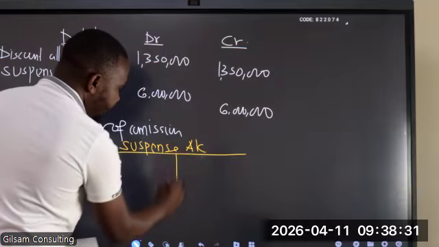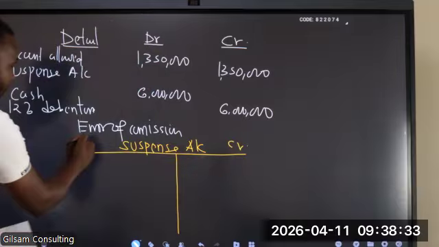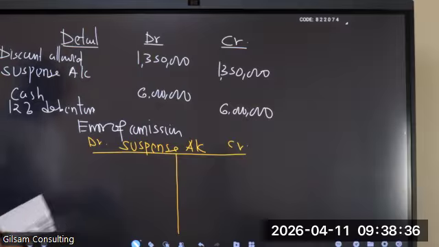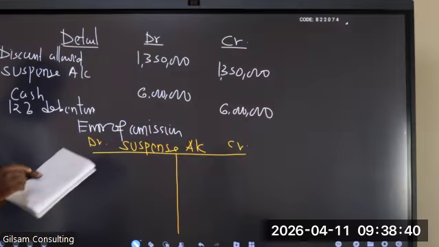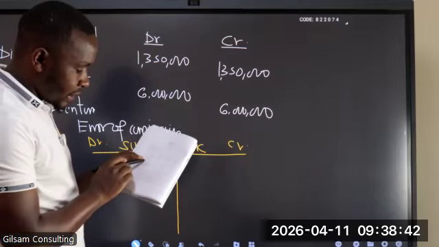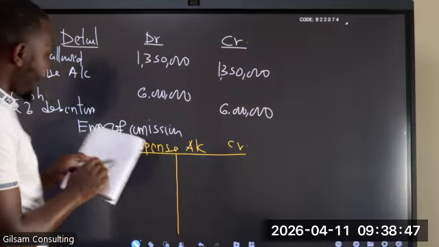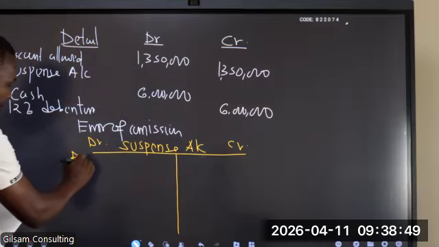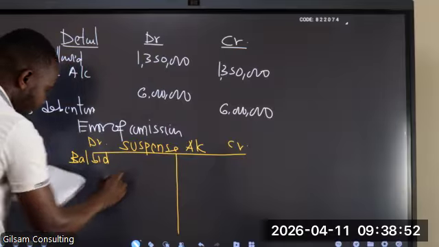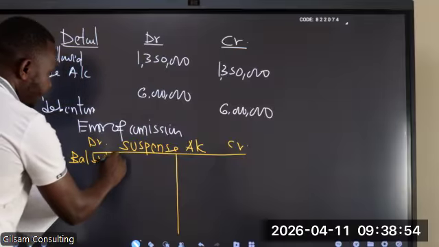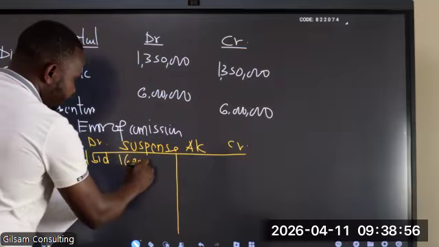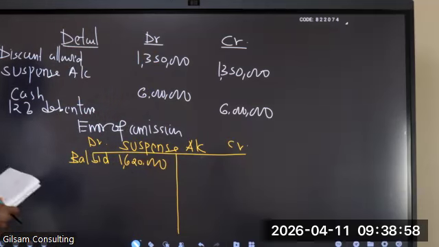Now, when opening the suspense account, you will have debit and credit. The balance brought forward is on the debit. If you go back to your balance sheet, the suspense account in the current assets is on the debit. So we have 1620,000 as the balance brought forward for the suspense account.